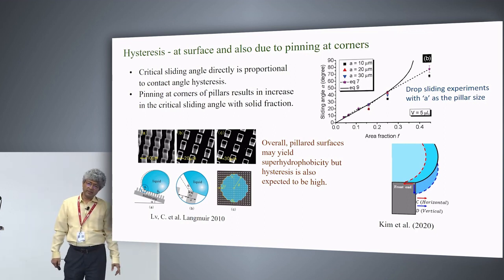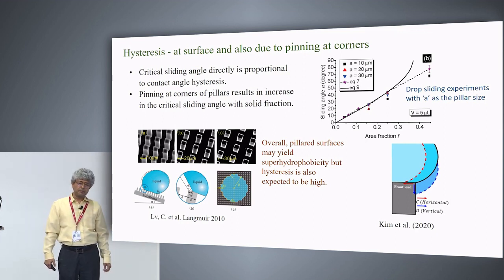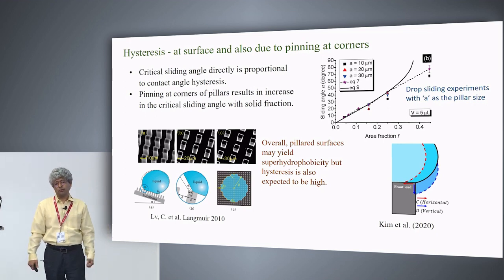But the difficulty is that pillars contribute to hysteresis. They contribute to pinning, mainly at the corners. So as the number of pillars or the size of the pillars increases, there is pinning, and therefore the drops get retained over the surface.